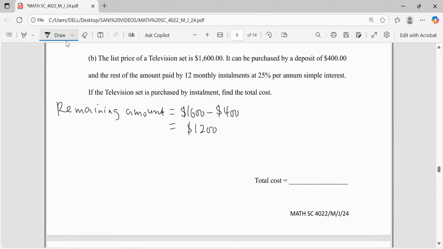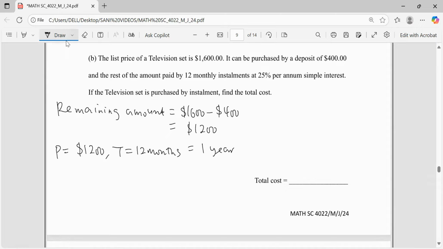So the principal is $1,200. The time is 12 months. A 12-month installment is 1 year.